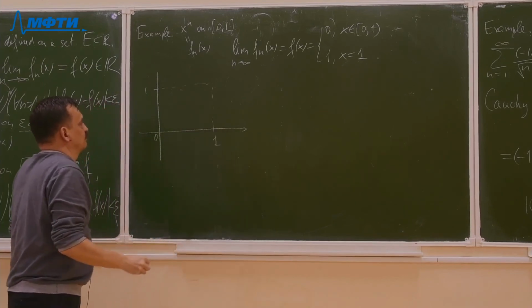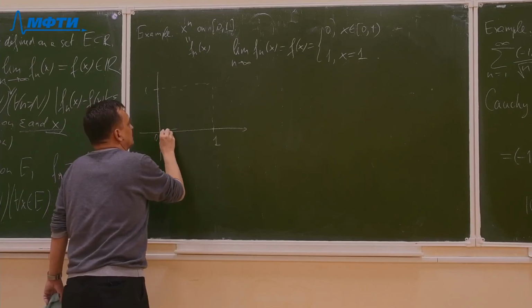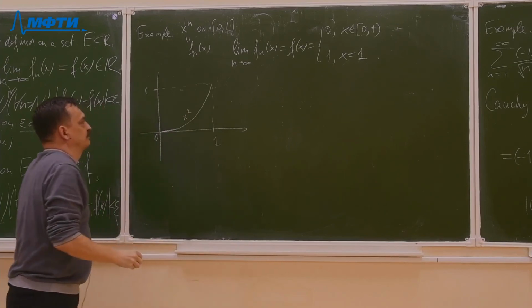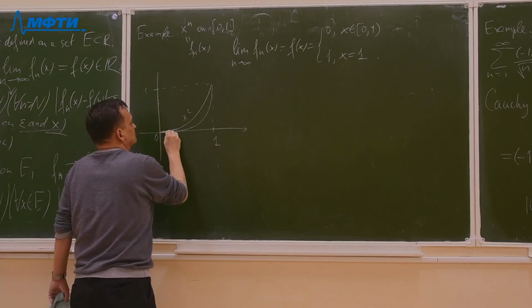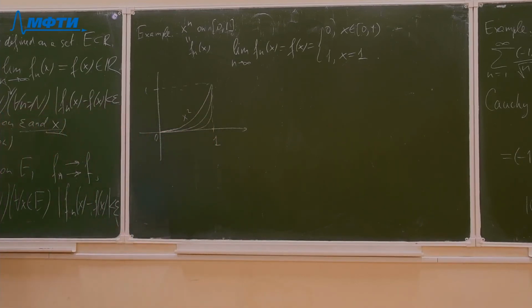Let me draw a picture. So, look, what happens? Here I'll draw, let's say, x squared, then x cubed, and so on. Look, what does this inequality mean? It means that I have an epsilon neighborhood of f of x for arbitrary x.